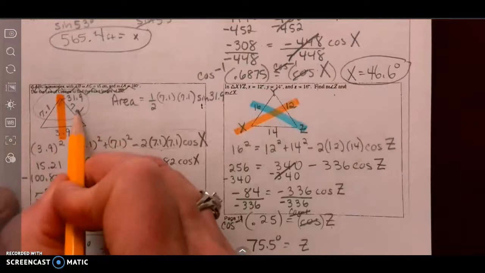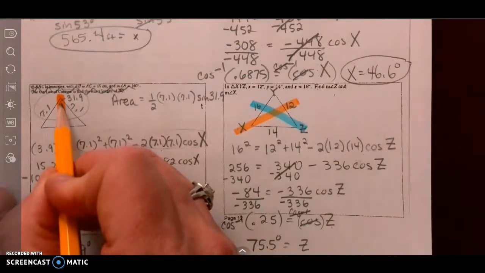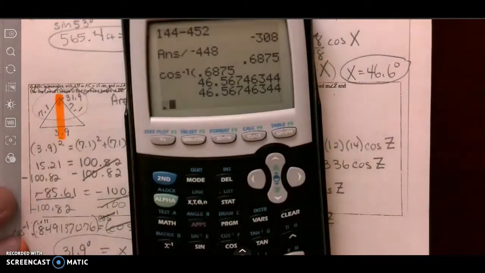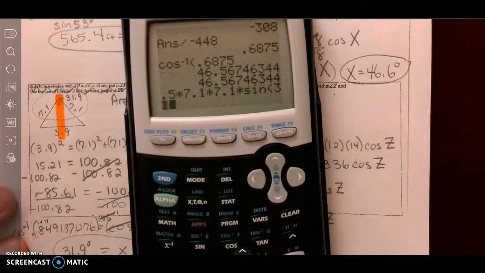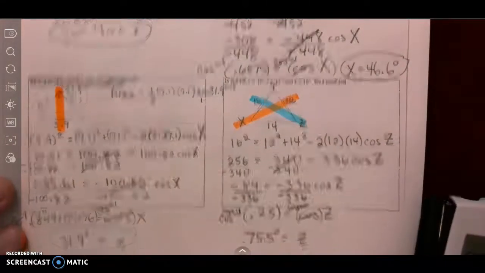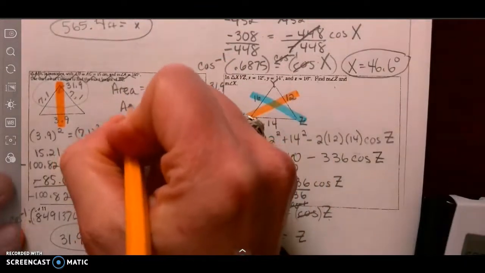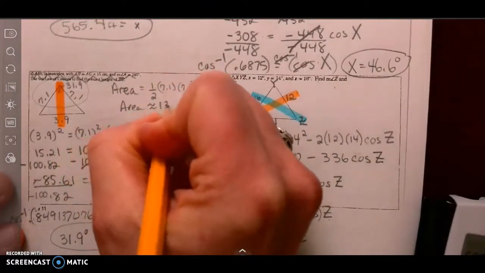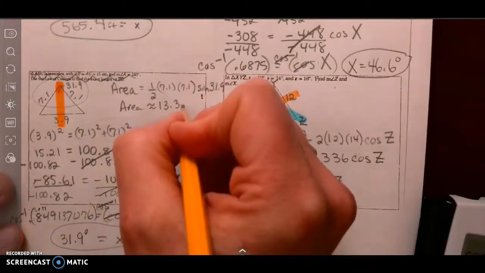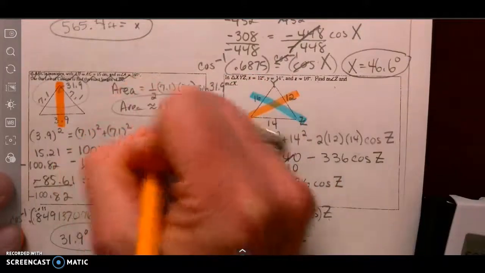So it's the two sides and the included angle. So let's see what that would be. 0.5 times 7.1 times 7.1 times the sine of 31.9. The area of this triangle is approximately 13.3. And I guess that would be, did they tell me that was meters squared?